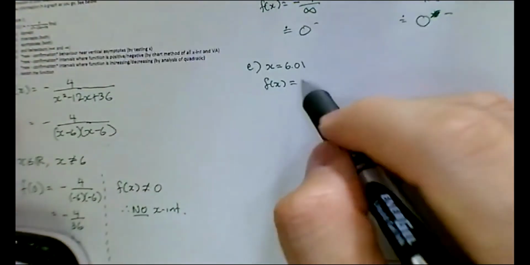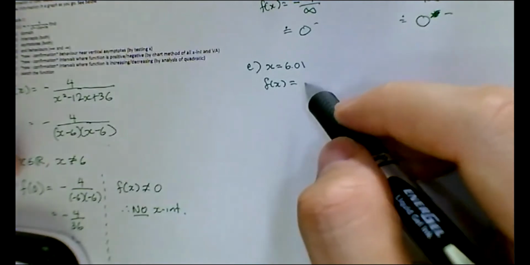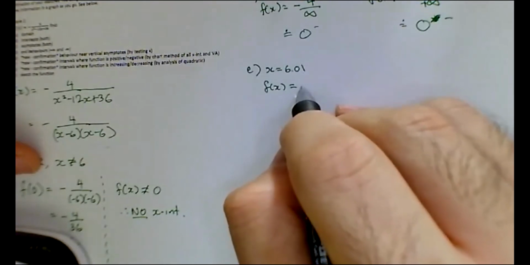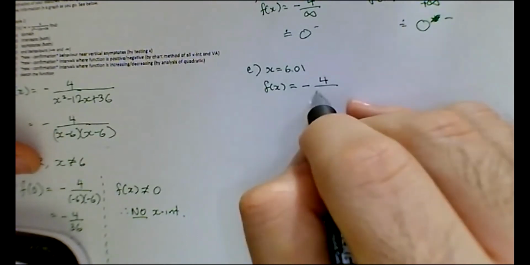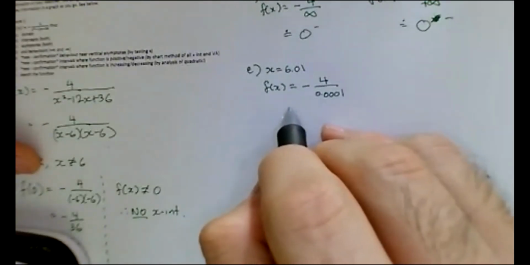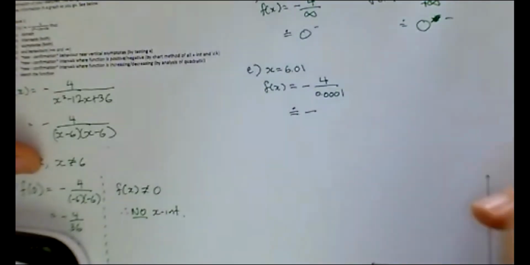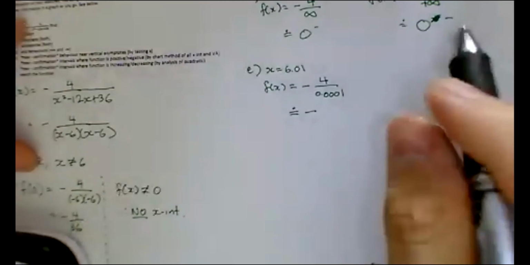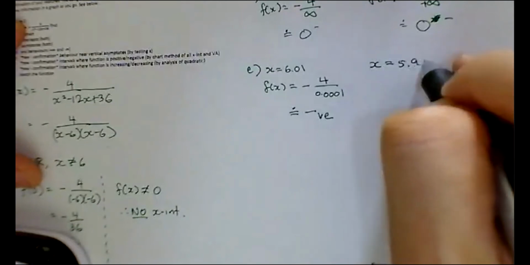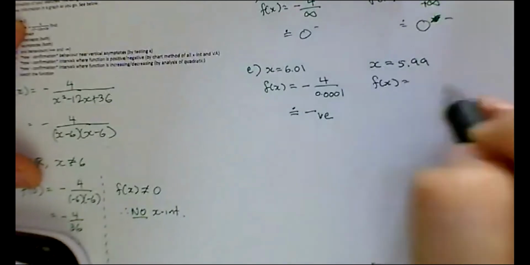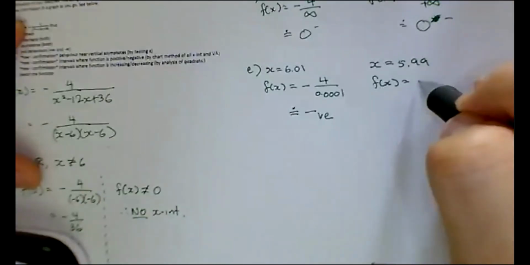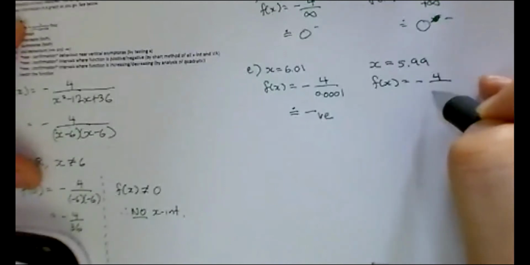Let's try this again. End behavior close to the 6. It's going to be -4 divided by 0.0001. I just did that in my head. That's going to be a negative number. That's all I need to know. It's on the negative side. And x, if it was a 5.99, f of x is going to be -4 over a negative times a negative.